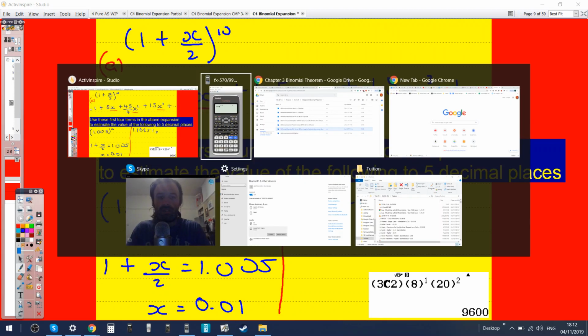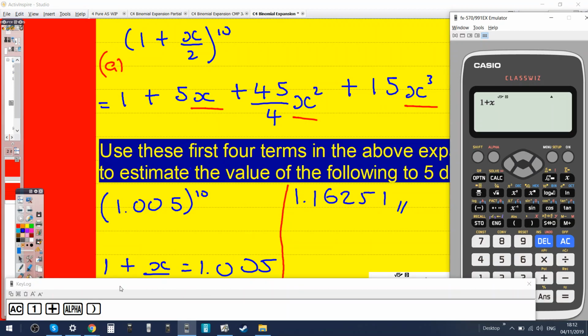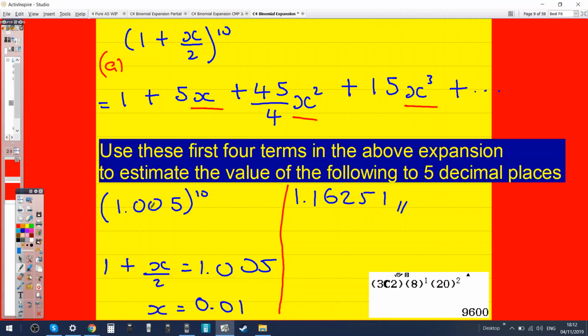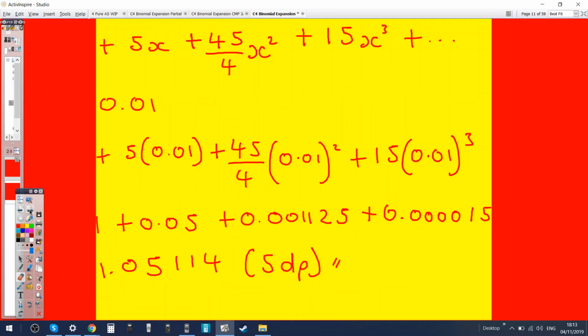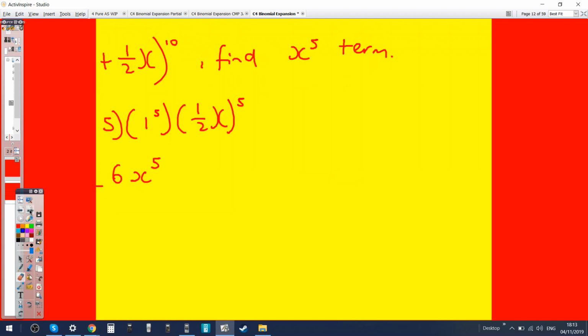Did you put it in correctly? It's the x being cubed, right? Yeah. Oh, I forgot the squares on one of them. Okay. Yeah, 1.05114. So it's not that. So that's it. 1.05114.